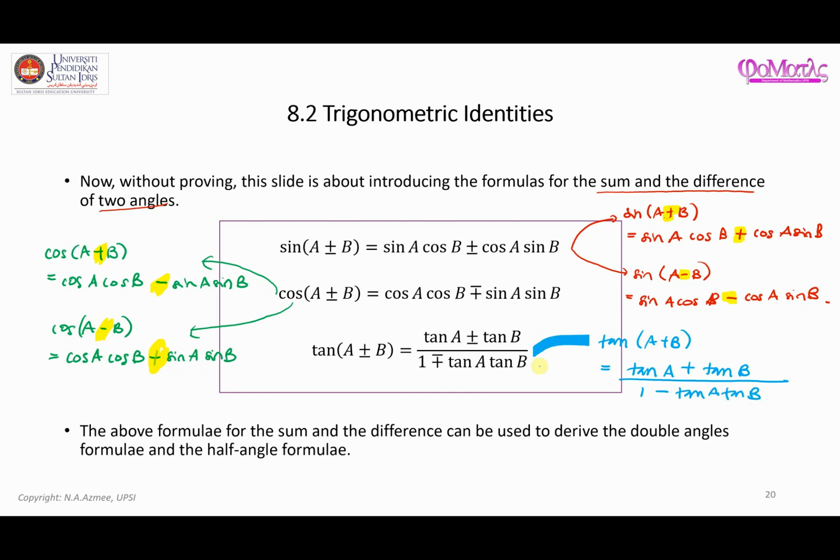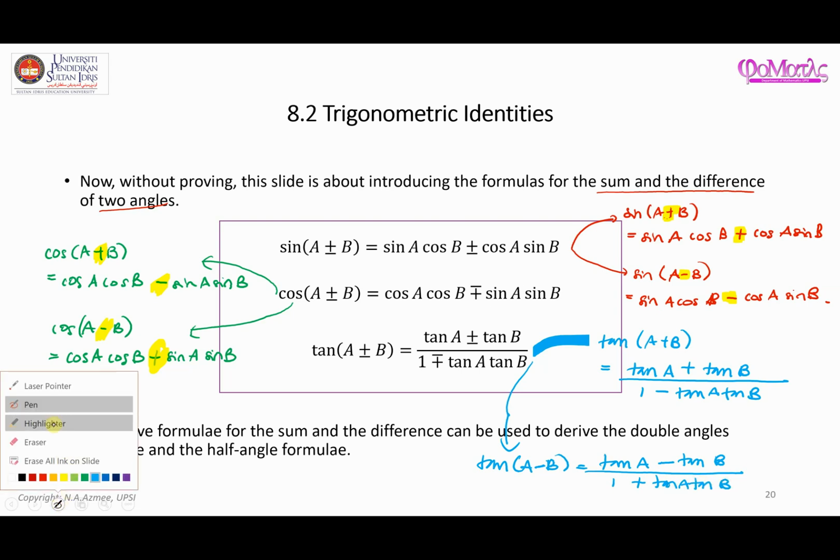For the next one, if you have tangent A minus B, this is equal to tangent A minus tangent B. Again, on the top part here, you follow the process given in this expression, but at the bottom you will change it to addition, plus tangent A tangent B. So you have to be careful for that.